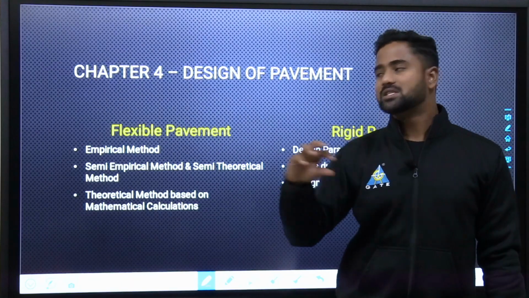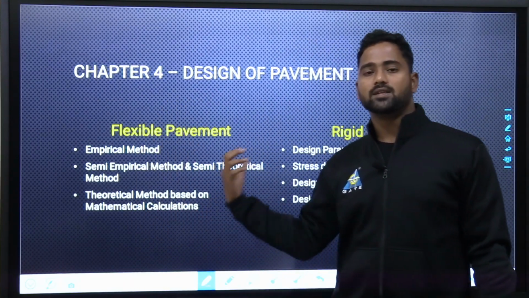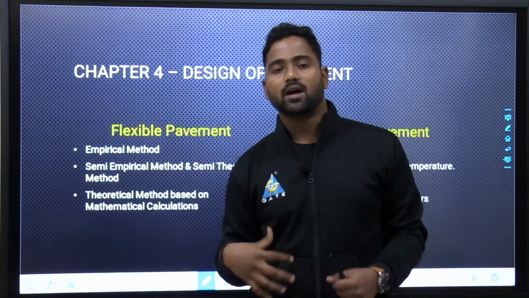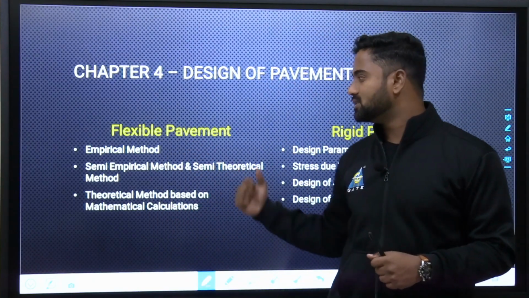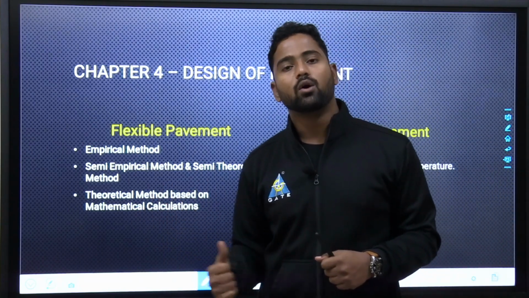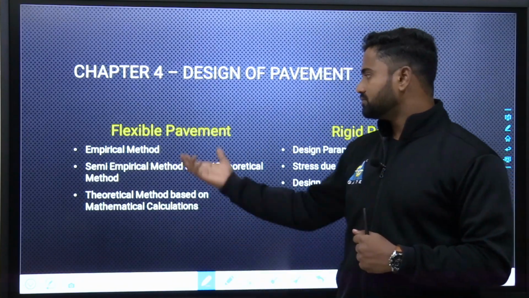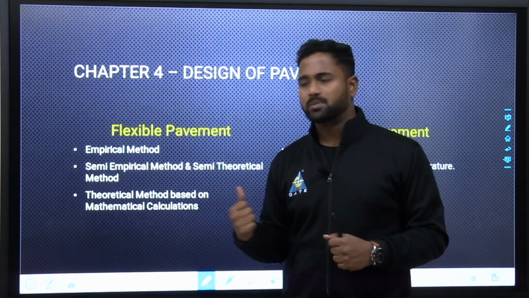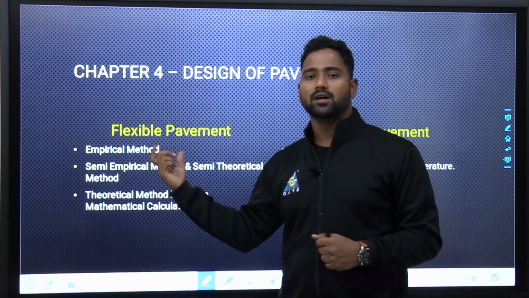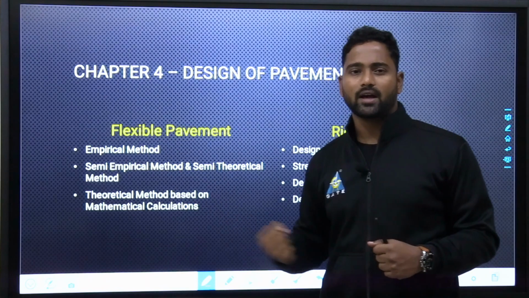All these things we'll see in flexible pavement, and based on that we'll design by empirical methods, semi-empirical methods like CBR, California bearing ratio method, triaxial method, and then theoretical methods like Burmister's theory. All those things we will be discussing over here. Empirical methods are like the group index method and the CBR, California bearing ratio method, and semi-empirical methods like the triaxial method.